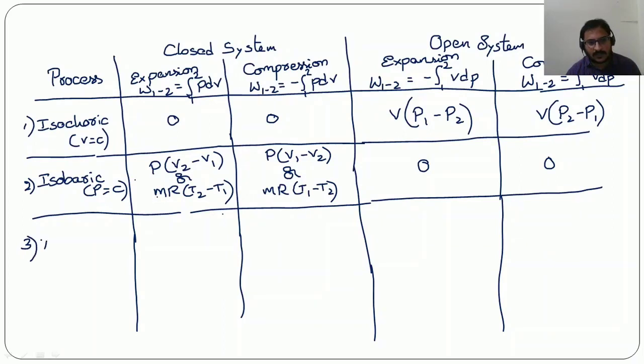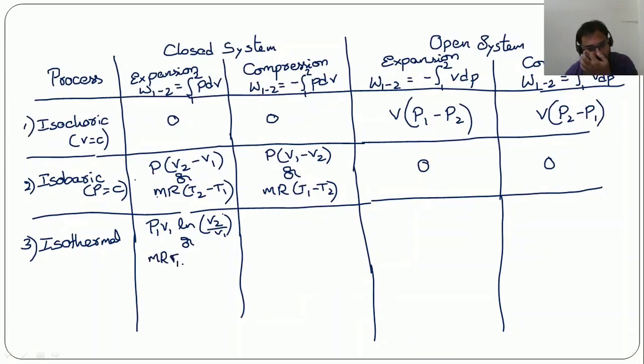Third one, if you take isothermal process, here P1 V1 ln(V2 by V1) or mR T1 ln(P1 by P2).